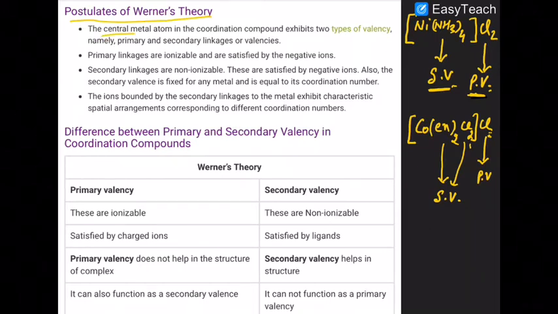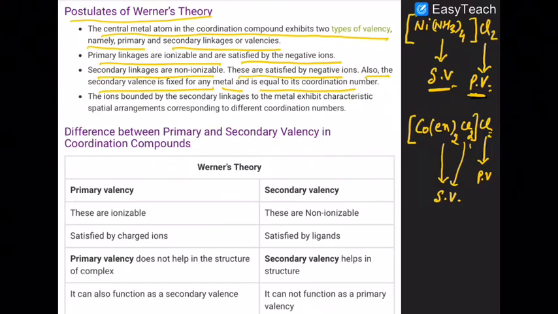The central metal atom in the coordination compound exhibits two types of valencies: ionizable primary valencies and non-ionizable secondary valencies. Primary valencies are ionizable, satisfied by negative ions. Secondary valencies are non-ionizable, they are satisfied by negative ions also. Secondary valencies are fixed for any metal, and that is always equal to the coordination number of the particular metal.